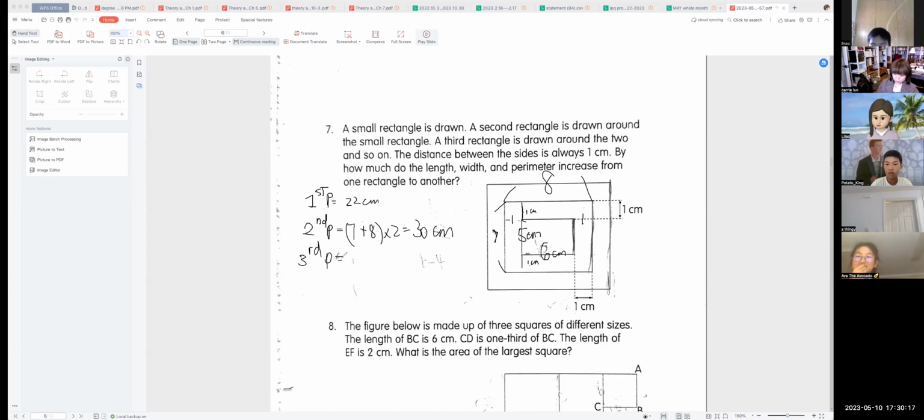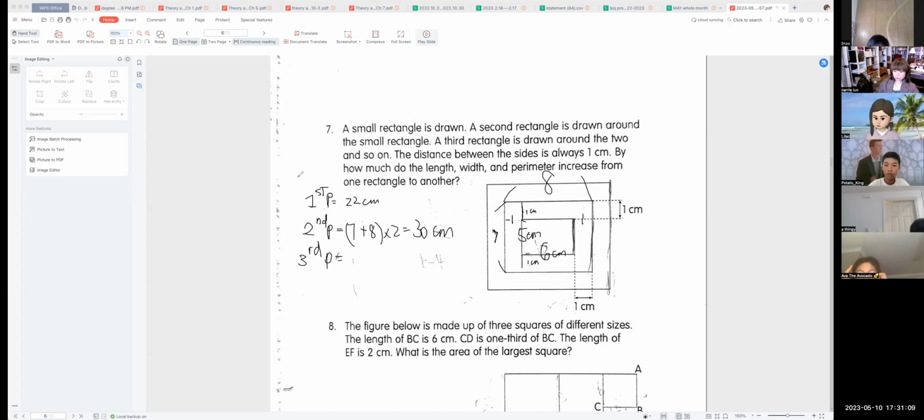Okay, can you tell me the third one? Does anybody know what the third one is?